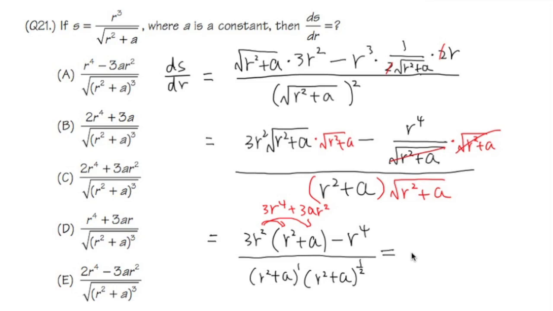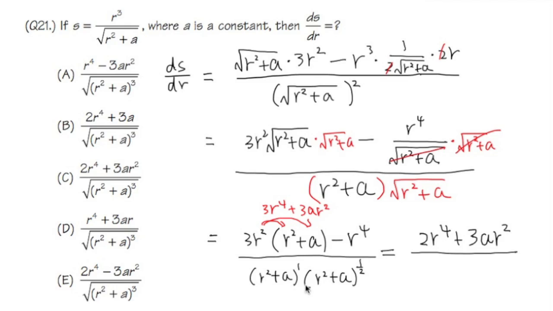Equals, right here. After I distribute it, I will get 3r to the 4, and then minus r to the 4. That will give us 2r to the 4. And we maintain the plus 3ar to the second power.